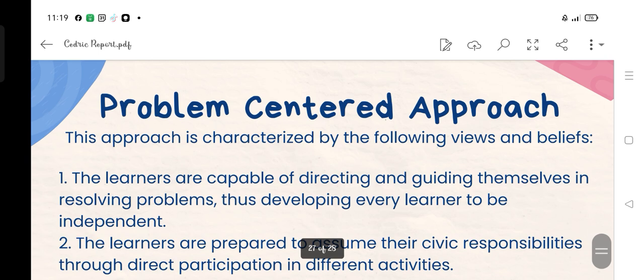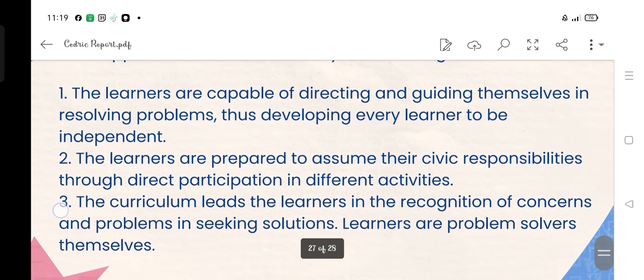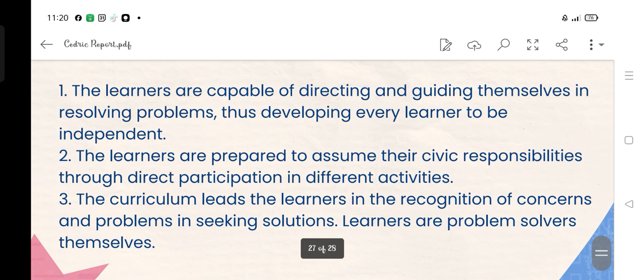Ayan. So the first one, the learners are capable of directing and guiding themselves and resolving problems, thus developing every learner to be independent. Second one, the learners are prepared to assume their civic responsibilities through direct participation in different activities. And number 3, the curriculum leads the learners in the recognition of concerns and problems in seeking solutions.